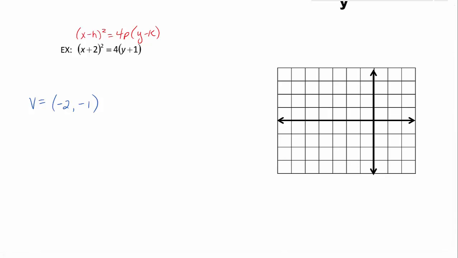So really, it's just this part that we're working on to identify our p. If 4p equals 4, then that tells us that p is equal to 1.